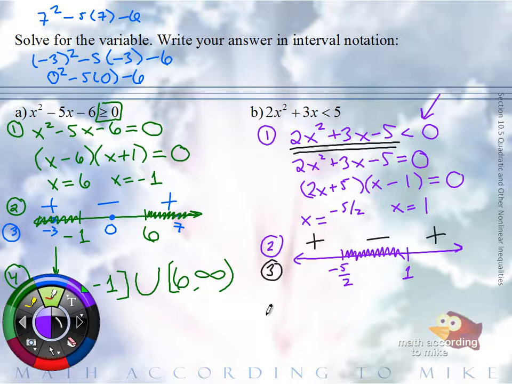How far left to how far right does this section go? Up to. Do we include the negative 5 halves? Nope. The 1? Nope. So if your inequality is strict, those problems are actually easier because in your answer, everything gets a parenthesis. You don't even have to worry about, oh, do I put a bracket there or not? And that's going to be true for the entire section.